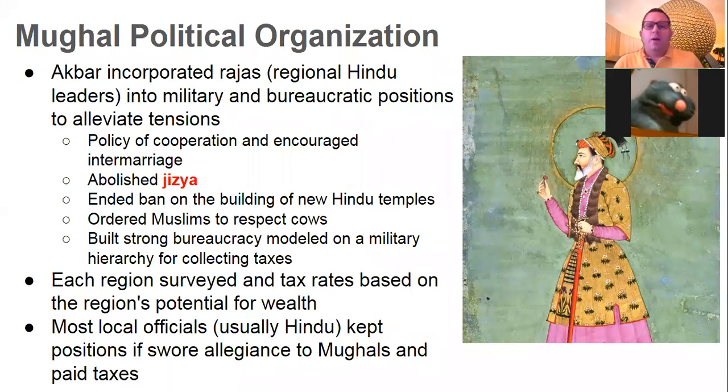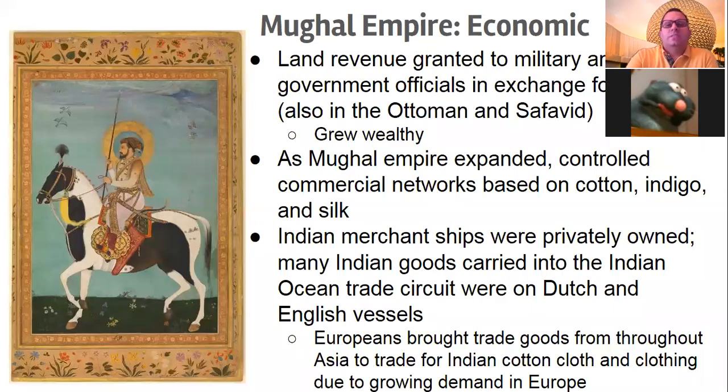And so Akbar orders the Muslims to follow that same policy. He certainly taxed them, and he allowed the Hindus to keep their government jobs if they swore allegiance to him and paid their taxes on time. So he was much more open about all of this than his grandfather was, certainly.